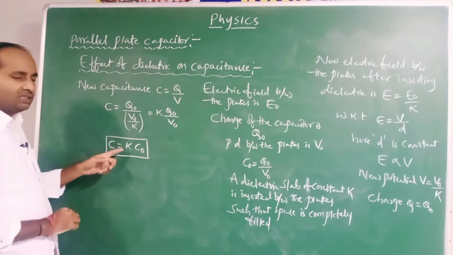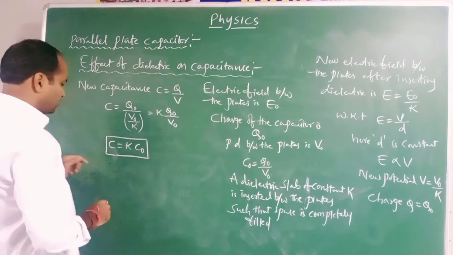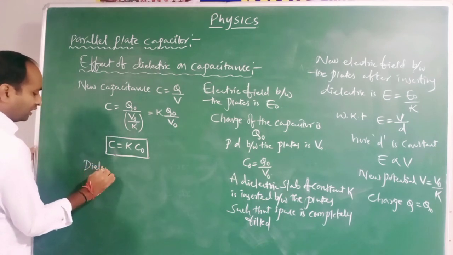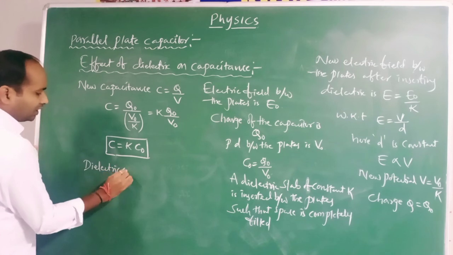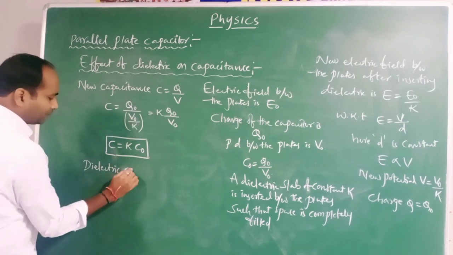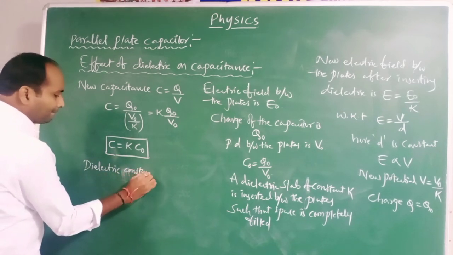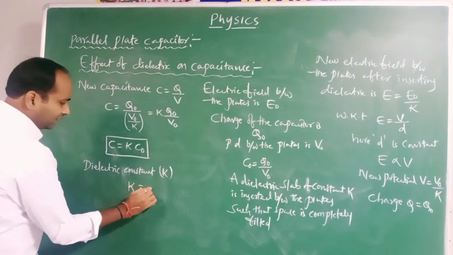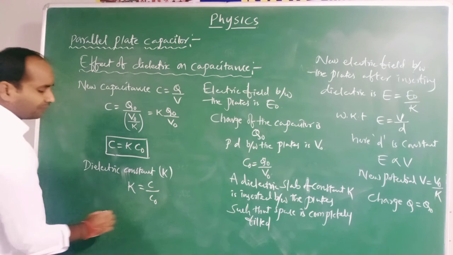From this we can define the dielectric constant. K can be written as K equals C by C naught.